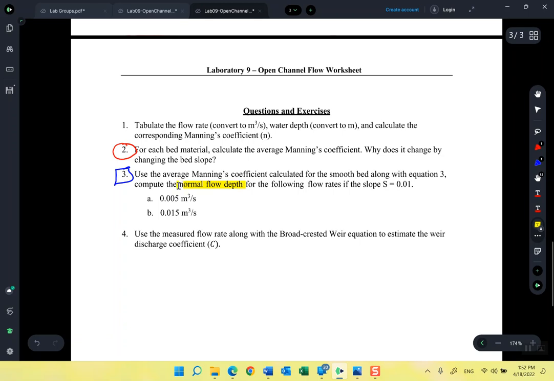So in this question, it asks you to use the average Manning coefficient that you have just calculated in the previous question, and to consider the smooth bed condition, and consider the slope to be 0.01 to get the normal flow depth. For two different flow rates, the first one is 0.005 and the second is 0.015.